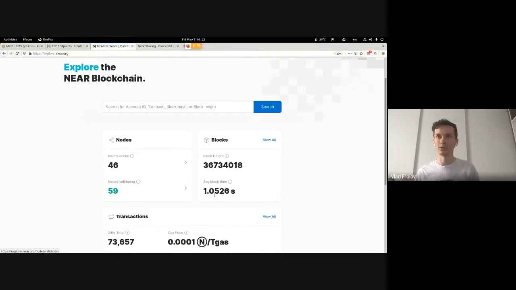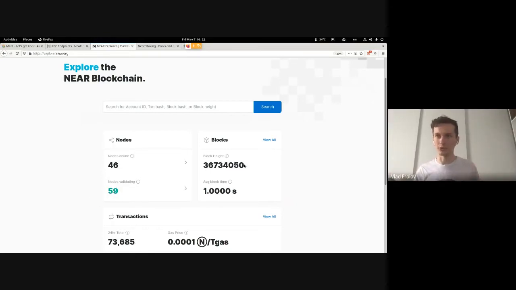And these are 59 nodes which will progress the network further. They will listen to all the traffic in the network and apply certain actions simultaneously with the rest of the same nodes.